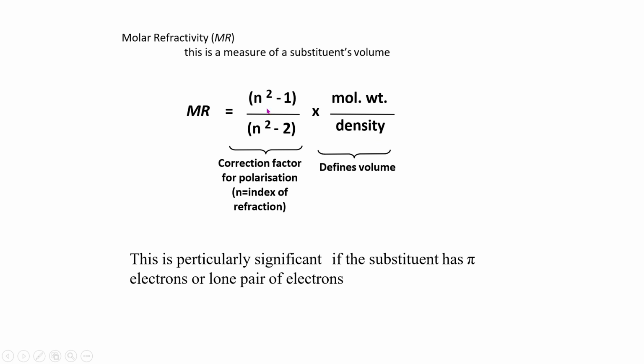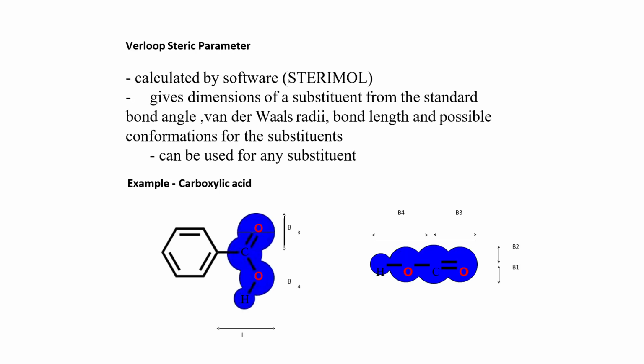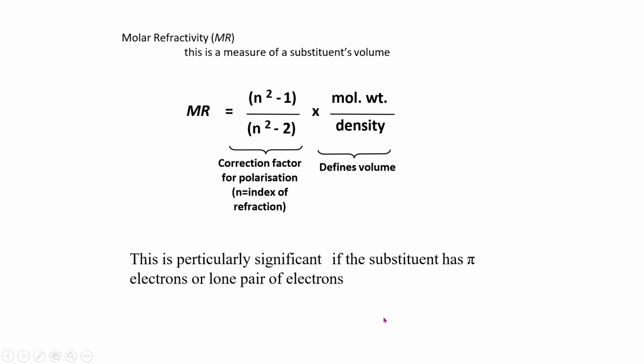So what is n? n is the index of refraction. Now the term molecular weight divided by density defines a volume.